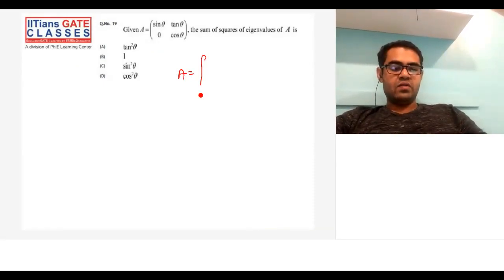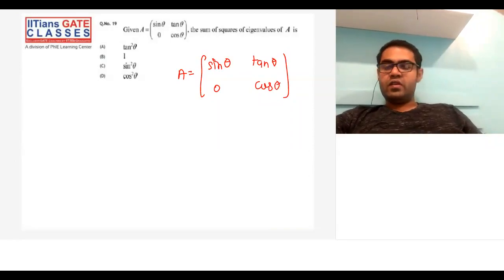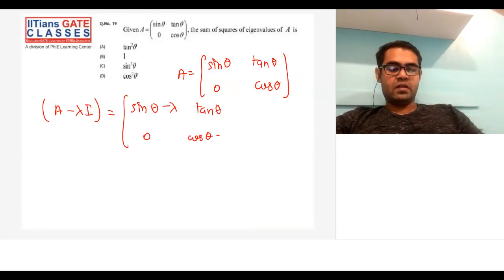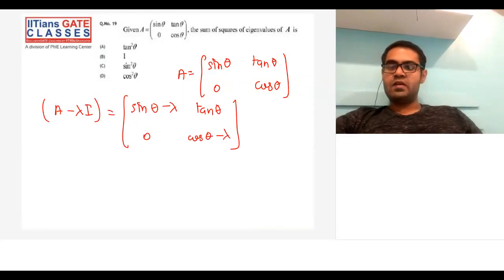A is equal to what? Sine theta, 0, tan theta, and cos theta. Alright. So now if you remember, how do you used to find eigenvalues? Eigenvalue is nothing but, you first write this matrix, A minus lambda times I. So this matrix will be sine theta minus lambda, tan theta, 0, cos theta minus lambda. So this is the matrix I have obtained. Okay.